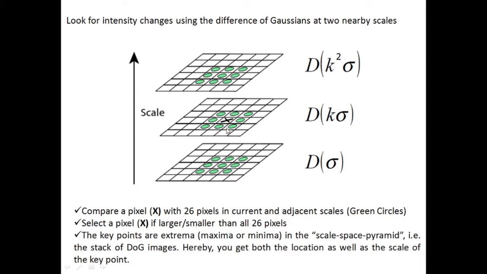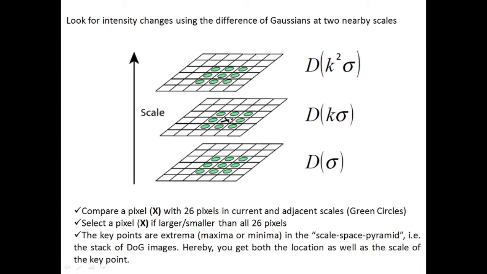Now I have considered the figure here, reconsider the figure which I found earlier. Now I have here the difference of Gaussian for k sigma, difference of Gaussian for sigma, and for k square sigma. Now can I compare a pixel x here with the 26 pixels in the current and adjacent scales?